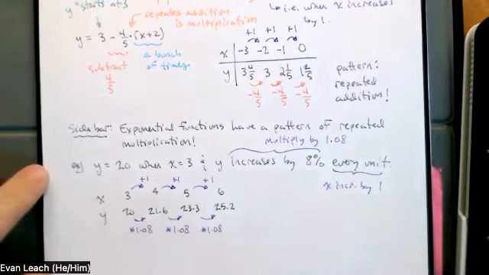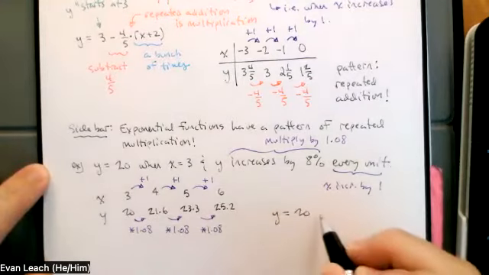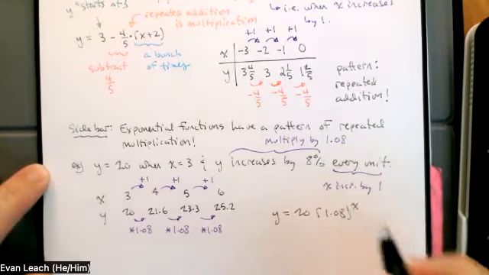So we're going to say y starts off at 20, and then we multiply by 1.08 a bunch of times.